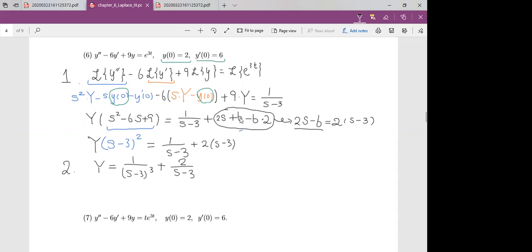Sometimes your right-hand side may contain several terms. You need to find a way to keep it organized or simple. So here we use the factoring. One quick hint is s minus 3, copy of s minus 3 in the left-hand side. Okay, so then next step is to take inverse transform. Of course, you can take inverse transform one by one.